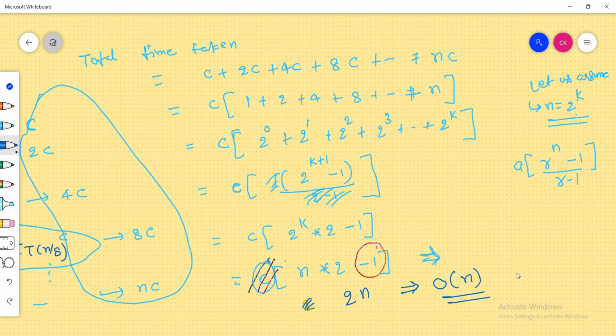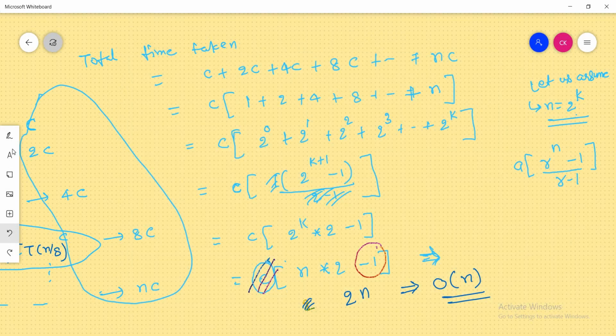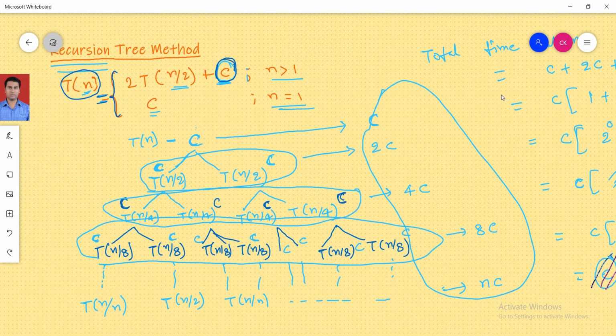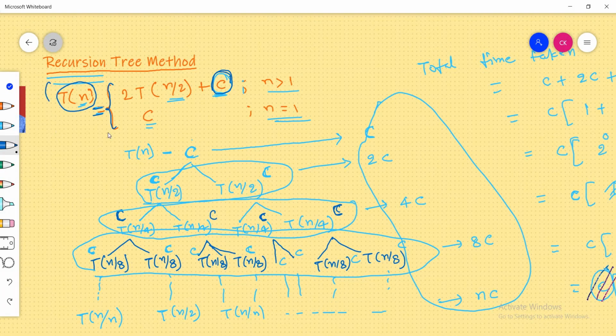So with the help of recursion tree method, the time complexity for this recurrence relation is order of n.